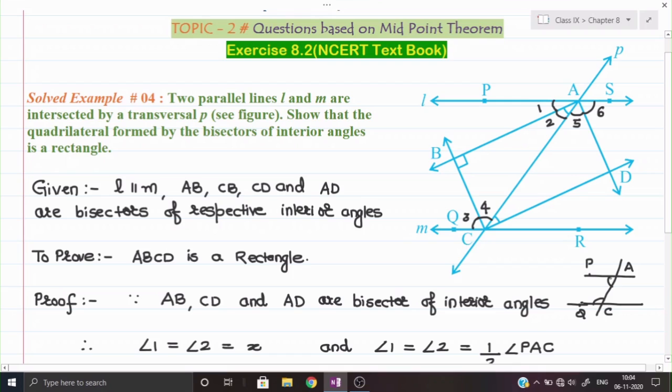Now you can observe very clearly P, A, C and Q, C, A. These two are the interior angles, and we know that if lines are parallel, then interior angles are always supplementary. So here we can write down their sum as equal to 180 degrees. Now further we'll go.